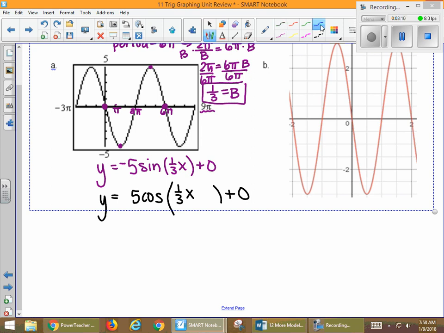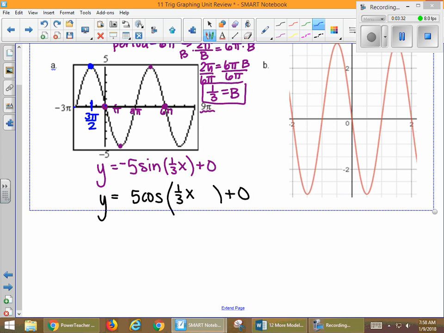Okay, so I'm going to go ahead and start this on this maximum. So that here, again, it's going to be right in between 0 and -3 pi. So what's right in between, or what's half of 3 pi? Well, 3 pi over 2.